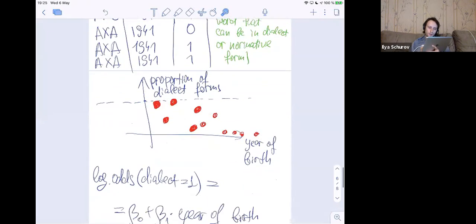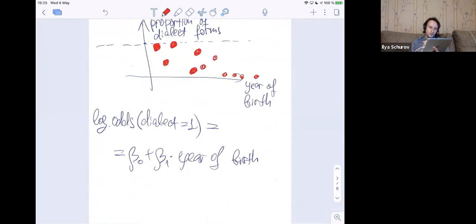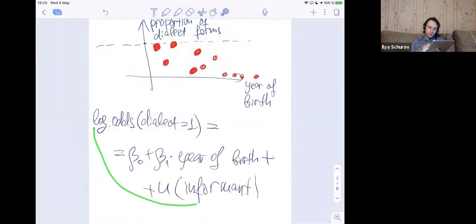But if I add a new term, a random effect of informant, then this new model becomes very natural. Actually, in this model, I believe the following.